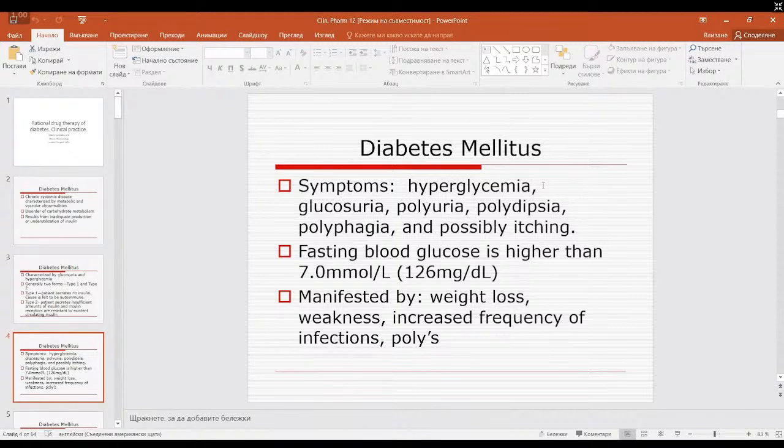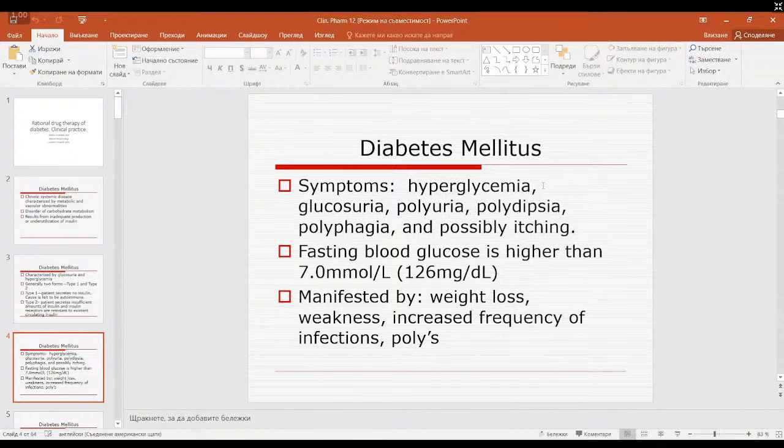It is easier for the patient, or the patient's parents, because type 1 usually starts in childhood, to notice the symptoms and seek medical help faster, because the onset is very sudden.